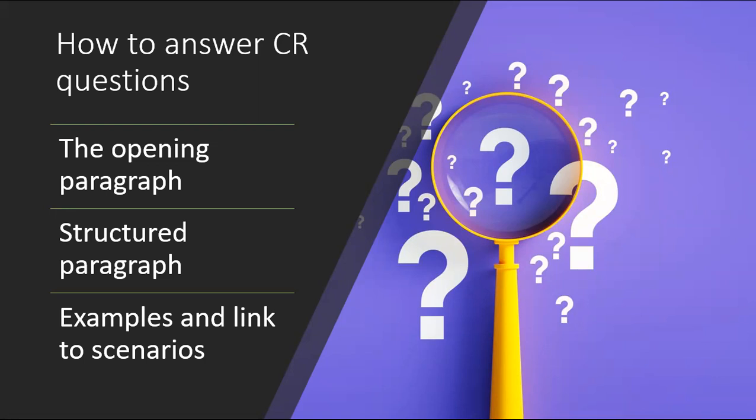And finally, if the question has no scenario, your job is giving examples to demonstrate your points. And if the question has a scenario, then your job is to link the scenario to your answer, or your answer to the scenario. Let's come back to the question on the benefits of supply chain management.